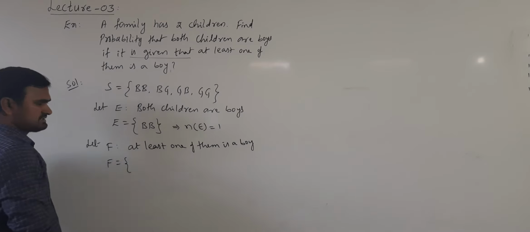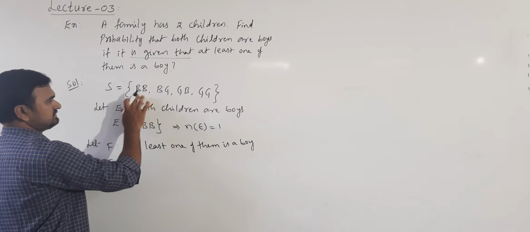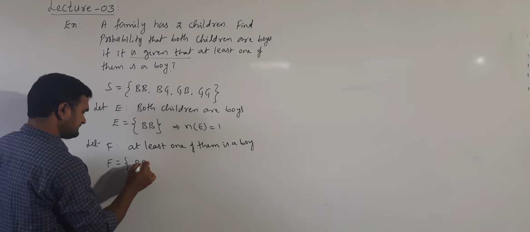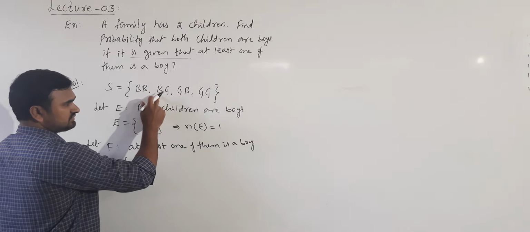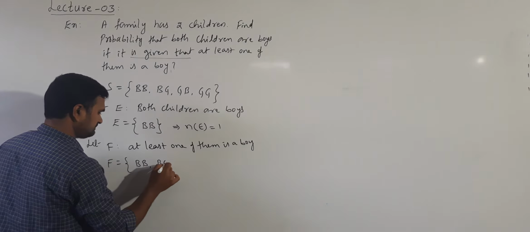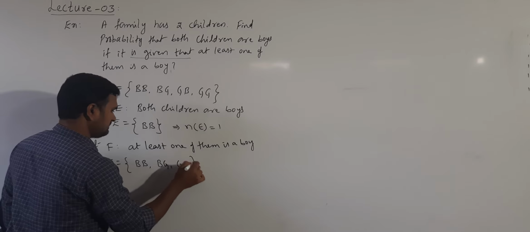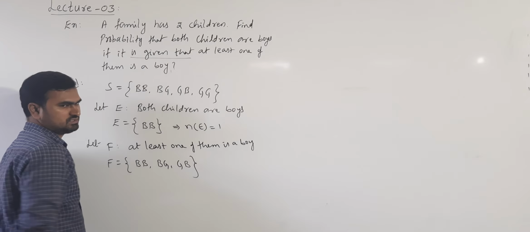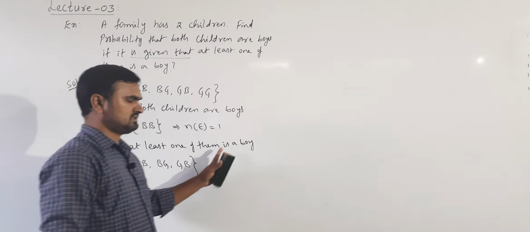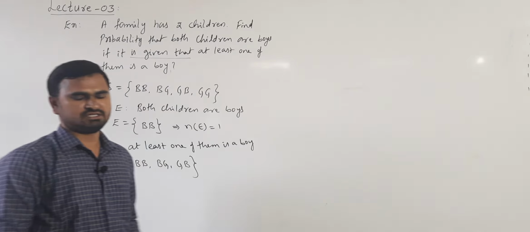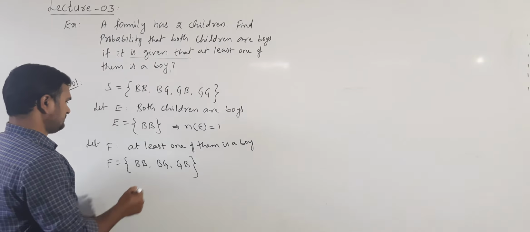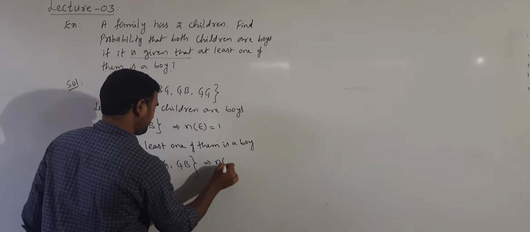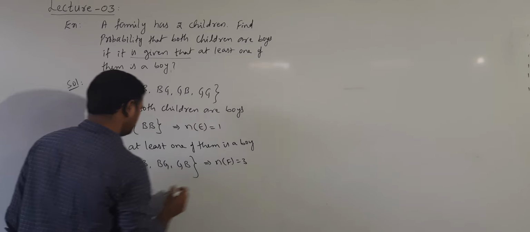At least one of them is a boy means we can take BB, both are boys. At least one is a boy, we can take BG and GB. We cannot take both girls because the condition is that at least one of them should be a boy. At least one means one or more. So n of F is 3 elements.